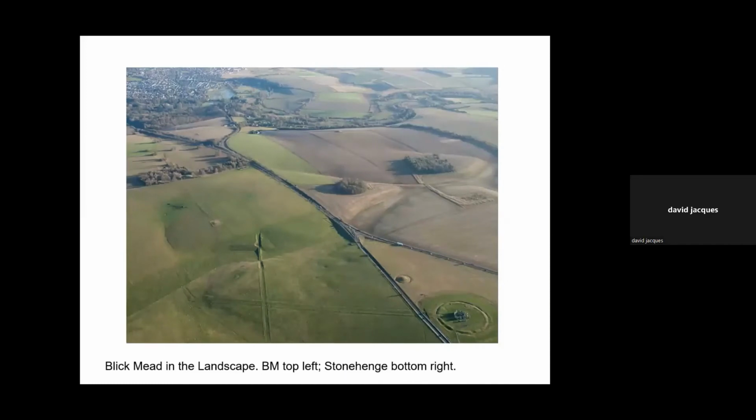So let's just give you a fix as to where Stonehenge is in relation to Blick Mead. You can see that Stonehenge here is in the right-hand corner, and Blick Mead is under the wooded canopy just to the top left-hand corner of the picture. So it's just on the edge of Salisbury Plain, but it's in the river valley.